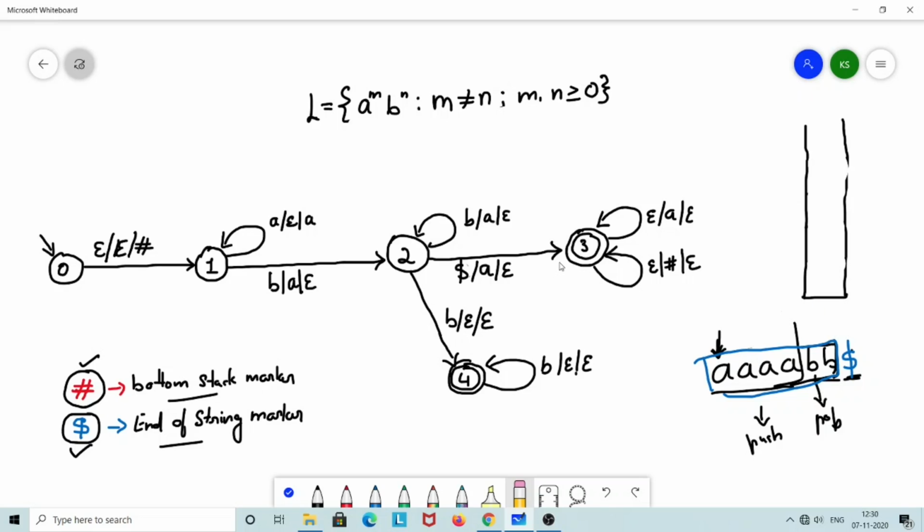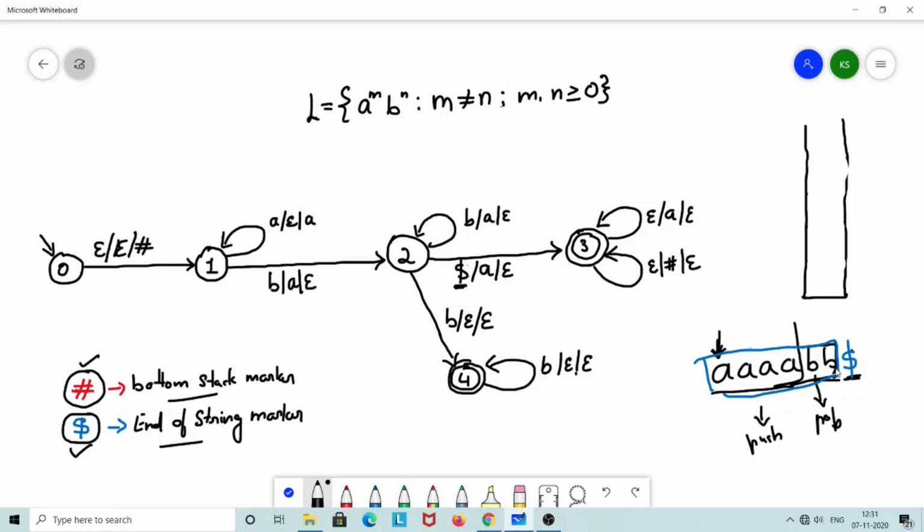So this has reduced the non-determinism to a certain level, because there is no epsilon transition from state 2 to state 3. We have a transition to state 3 only when we encounter dollar. So this is for a scenario where we have more A's compared to B's.